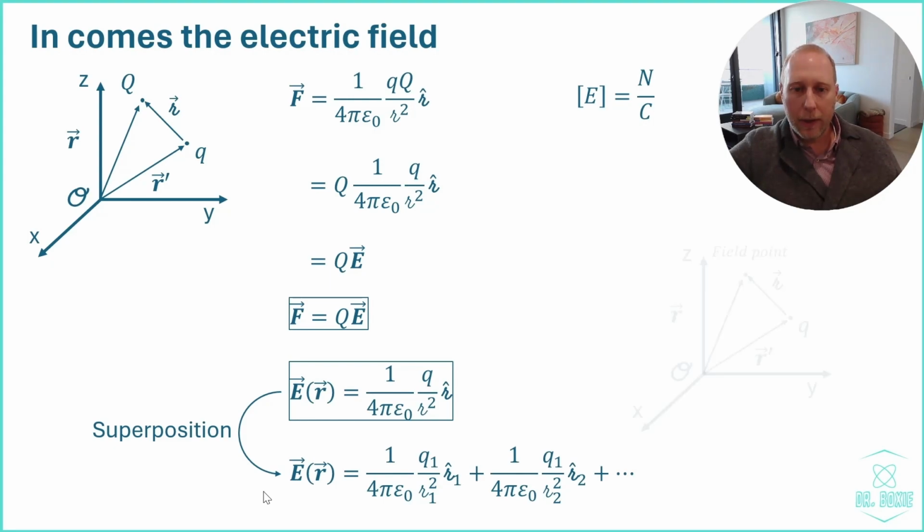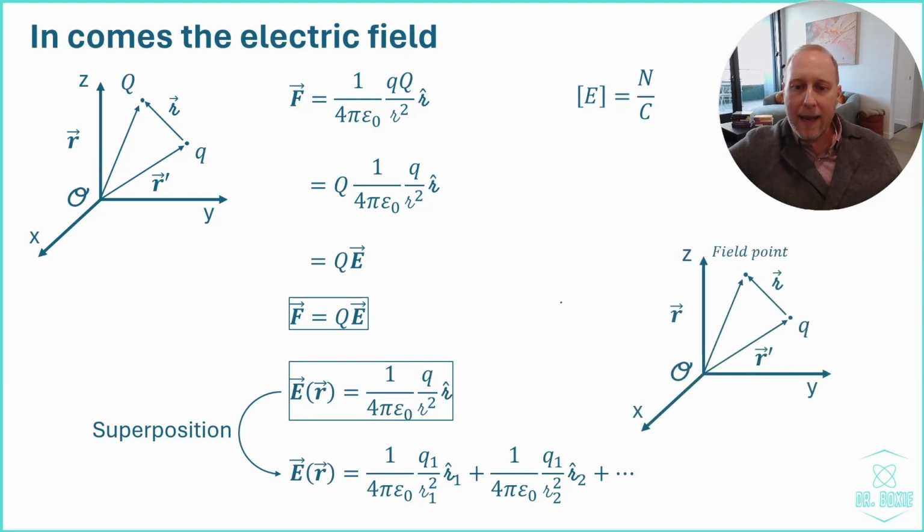There is no capital Q here. And so if we have a situation without a test charge, but simply a source charge somewhere in space, the source charge creates an electric field all around it. And that is independent of the presence of the test charge.